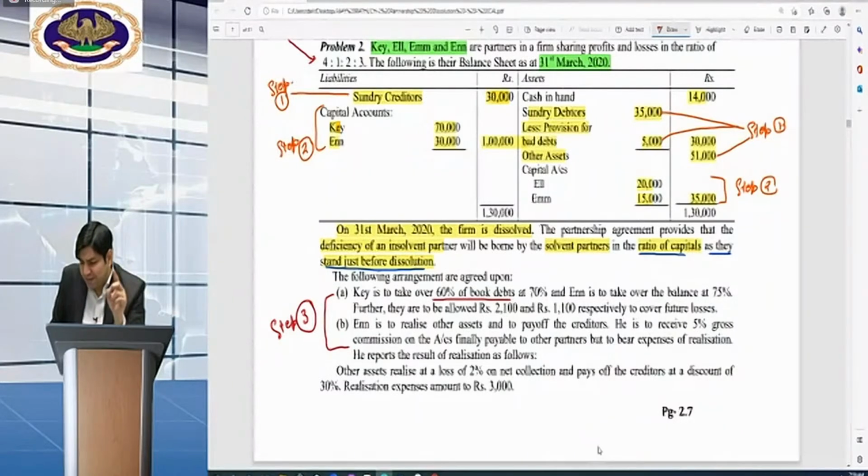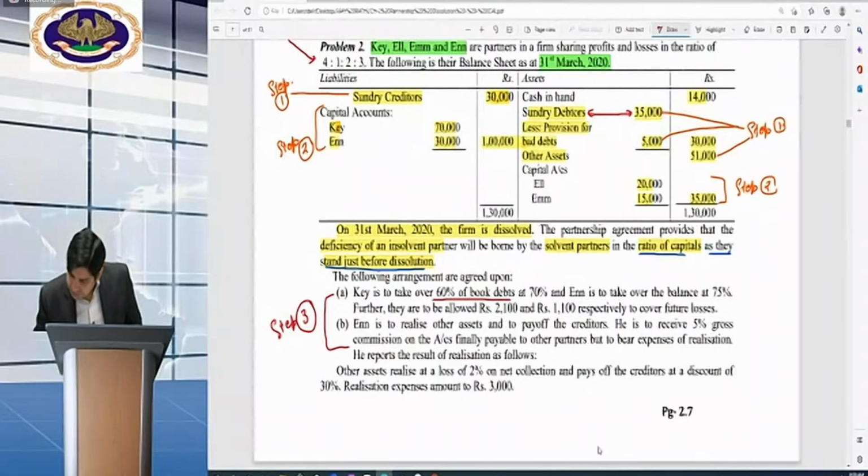Always the suspicion that there will be some loss is not always practical. There are some good persons on whom we have doubt, but they couldn't do the same thing. Anyways, beta, so book debts are always this amount. Book debts are this one. That's another thing, 5,000 is the provision on book debts. Okay, beta. So we will apply the percentage on 35,000.